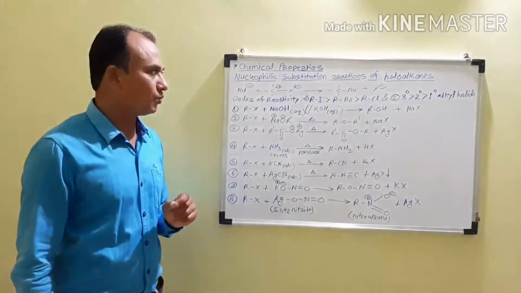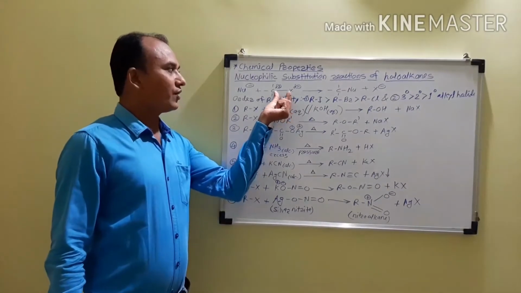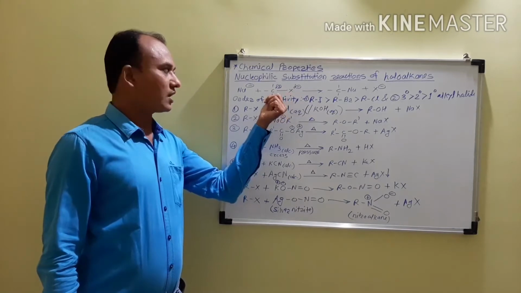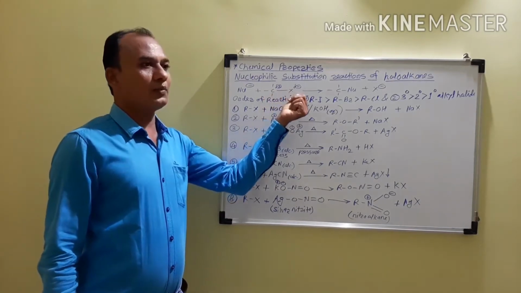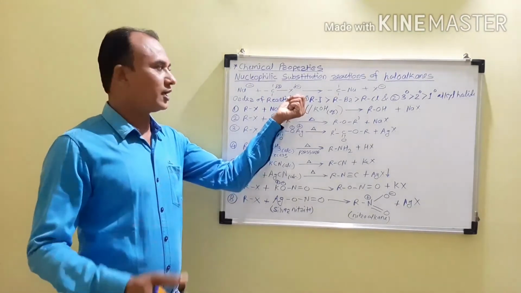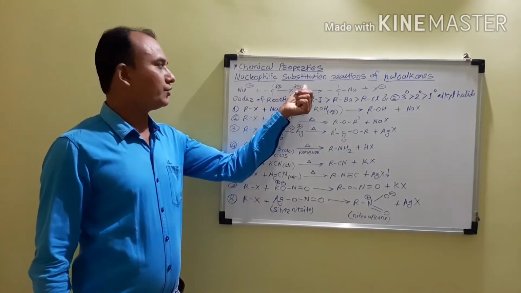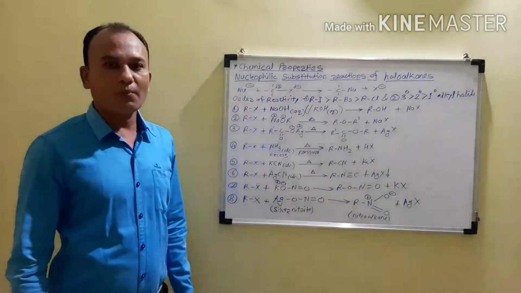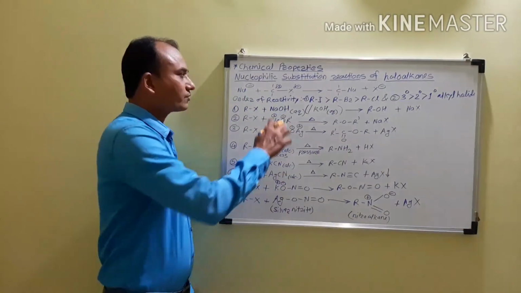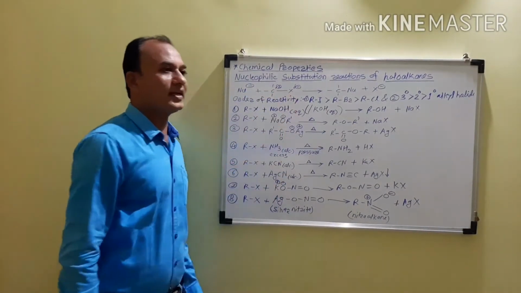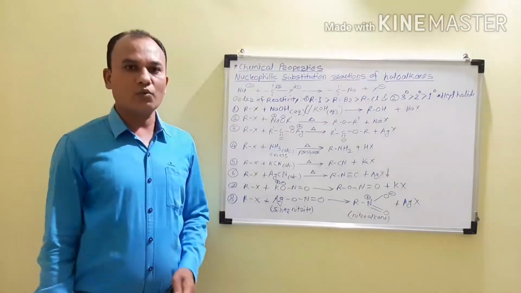Why is it polar covalent? Because there is a difference in the electronegativities of the carbon atom and the halogen atom. The halogen atom is more electronegative than the carbon atom, and therefore it acquires a partial negative charge and carbon acquires a partial positive charge, and therefore the C-X bond is a polar covalent bond.